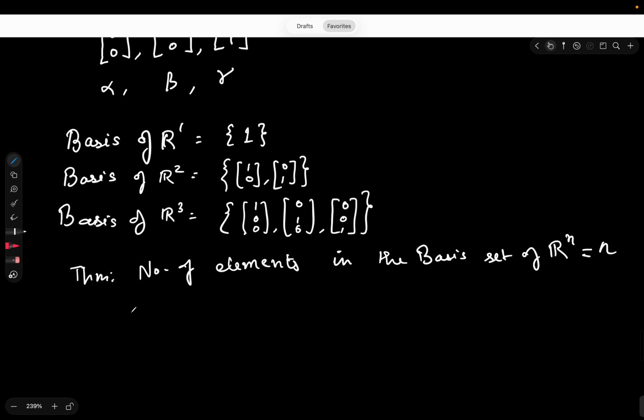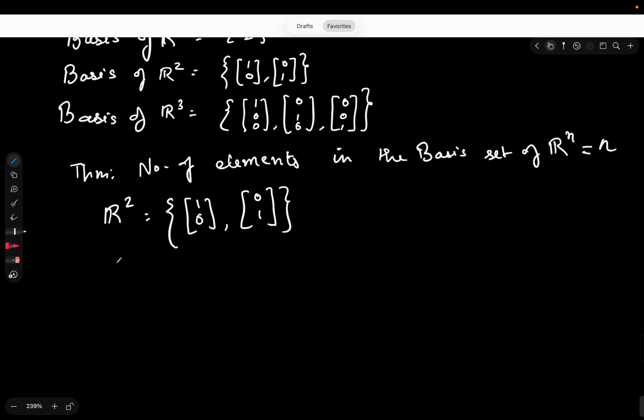For example, for the R2 case, we said the basis is 1 0 and 0 1. What if we select a basis like 1 1 and 1 0? Now this can also be a basis.